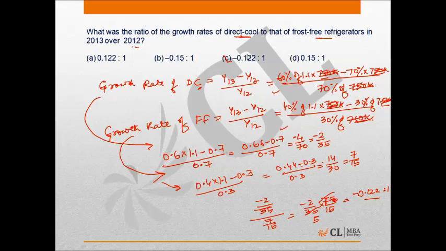Hence the right answer is C. Okay, it required a little bit of calculation in this part. Everything else was simpler over here.